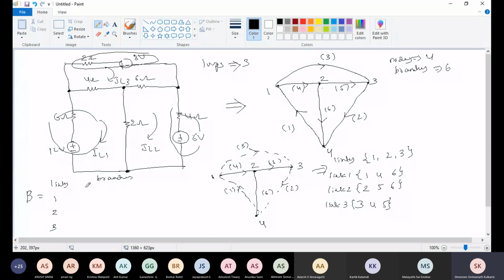How many branches are there? 6 branches. 1, 2, 3, 4, 5, 6 branches are there. Now tell me for link 1, 1, 4, 6.